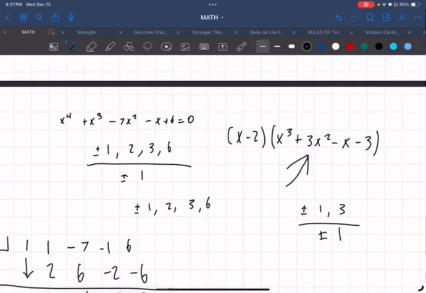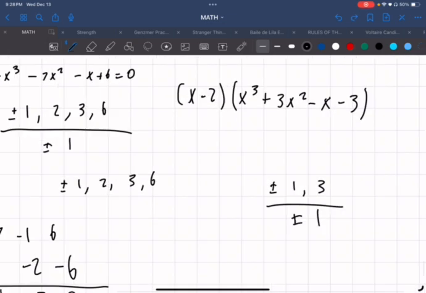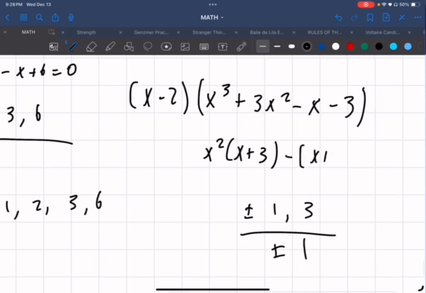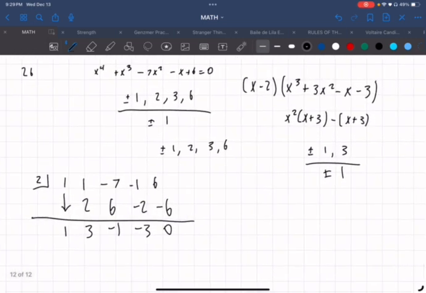So then this is what we are left over, and we still have to figure this out. And we can actually just factor this, but if we couldn't, then we would just look here again, factors of this, look here, factors of this, plus minus. So we just factor this. Okay, so we found out that x minus 2 is a factor because we checked and we got it first try.